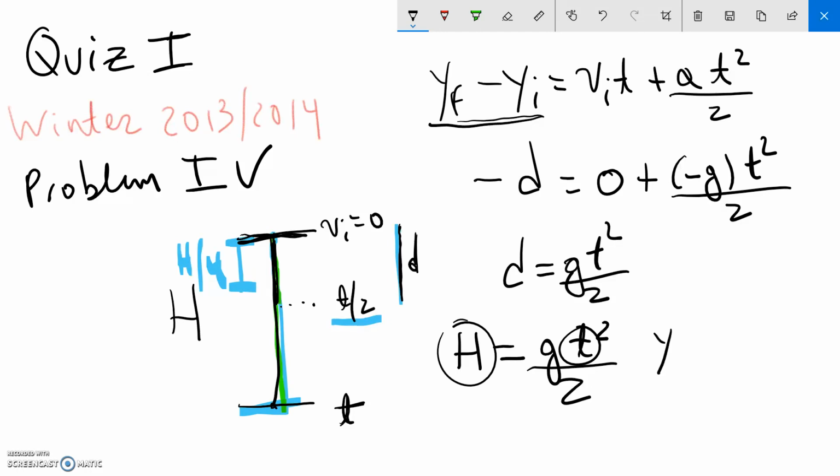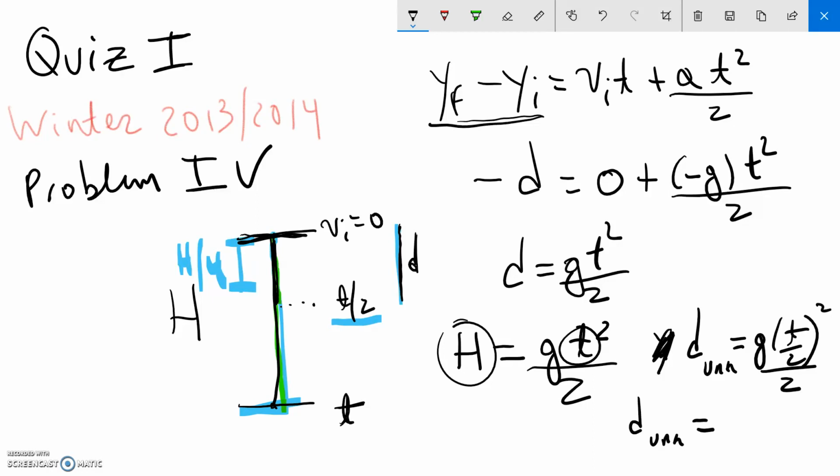But you're trying to find a displacement unknown for t over 2 when you square that. So if you do the math, you know that g t squared over 2 is equal to h. So you get that the unknown is equal to h over 4. The same thing, that you did not travel half the distance, you only travel about a fourth.